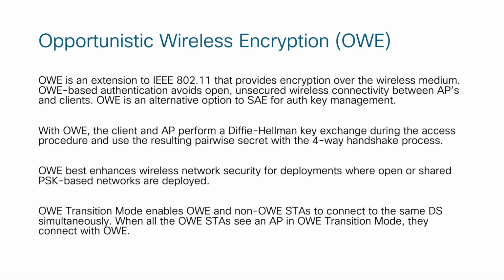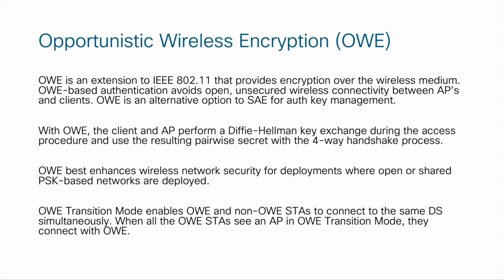Another alternative to SAE for authentication key management is opportunistic wireless encryption, or OWE for short, which is also an extension of IEEE 802.11, and it provides encryption over the wireless medium. The OWE environment is best suited for a network deployment where open or shared PSK-based deployments are deployed.